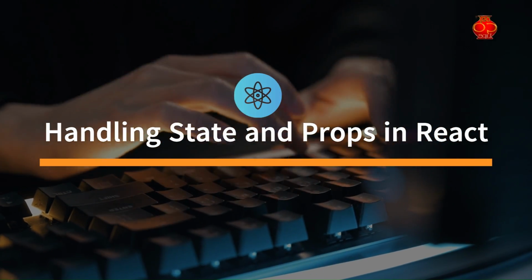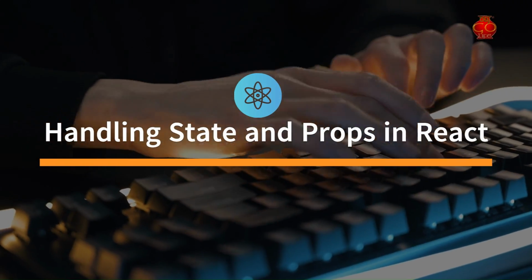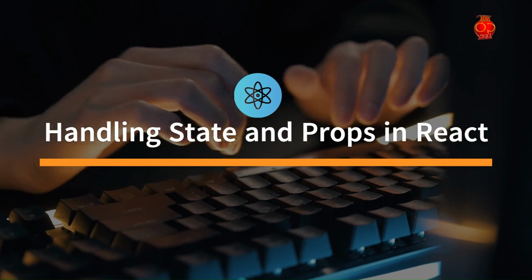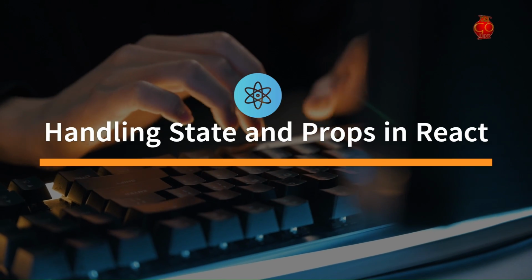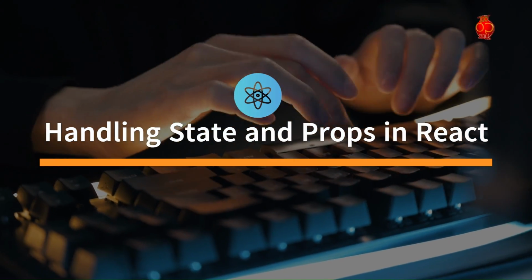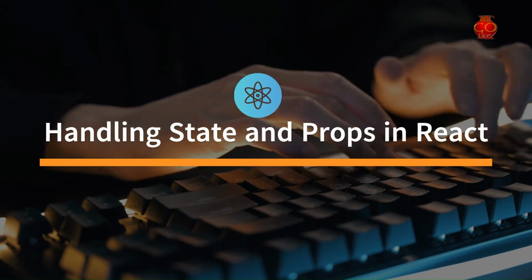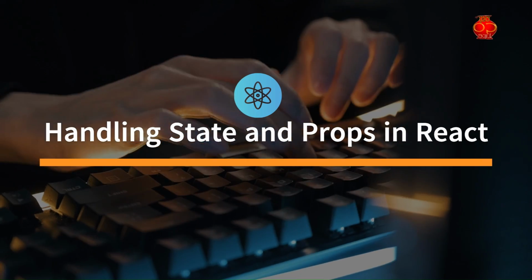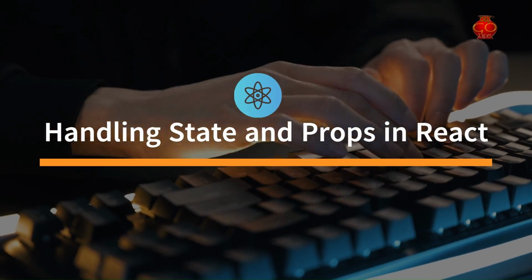Props, on the other hand, enable you to pass data between components, allowing them to communicate and share information seamlessly. In this section, we'll delve into how to use state to keep track of changing data and how to utilize props to pass information between components. By mastering these concepts, you'll be able to create responsive and engaging user interfaces that adapt to user interactions and data changes. Let's explore how state and props work together to bring your React application to life.